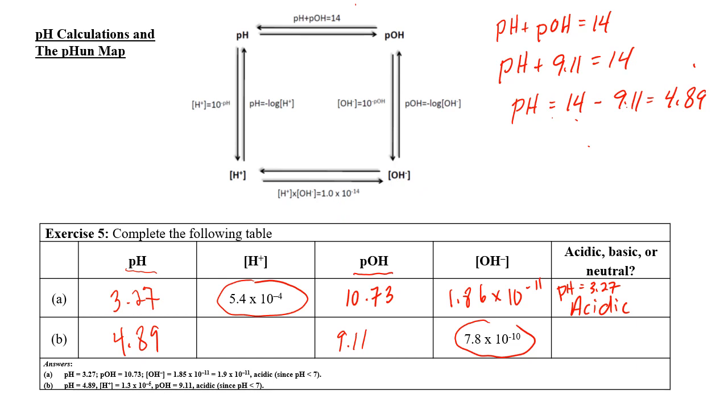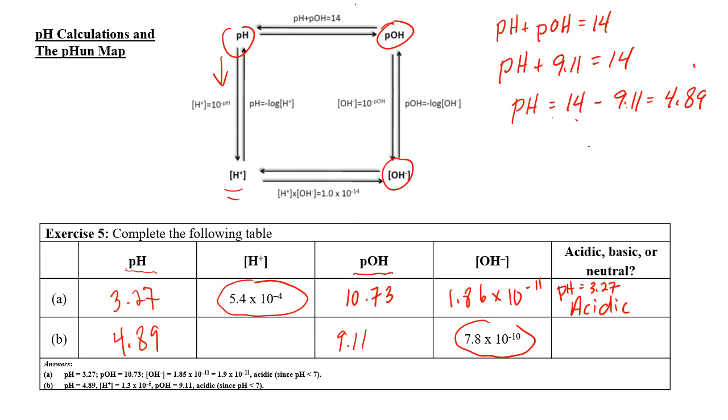Okay, now I know the OH minus, I know the pOH, I know my pH. I just have to find the H plus. I can find this by either using the pH or by using the OH minus. That's up to you. I'm going to show you how to do both ways.